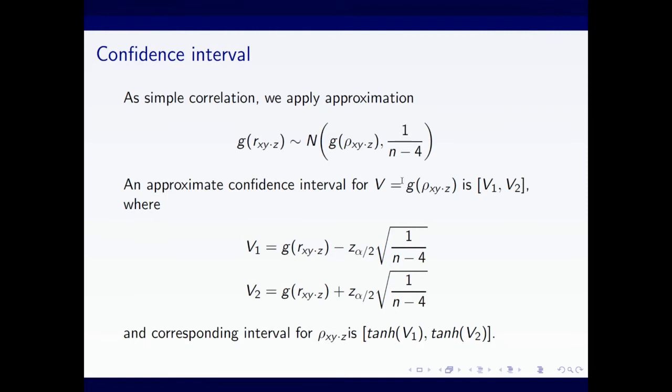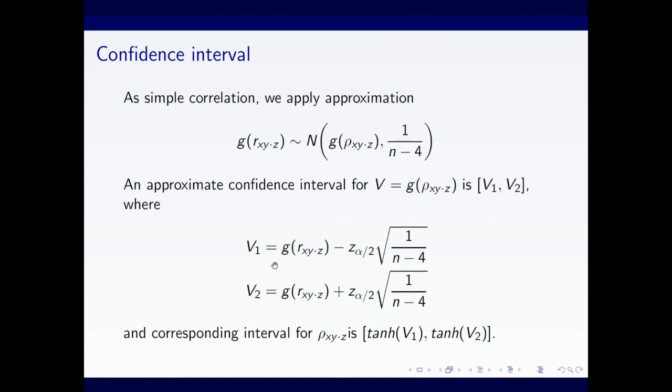The g function we used in the simple correlation is the inverse hyperbolic tangent, the arctanh. So the approximate confidence interval for v is v1 and v2, where the lower bound v1 is arctanh of rxy dot z minus z alpha over 2 times the square root of 1 over n minus 4.